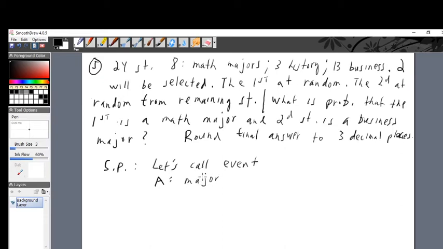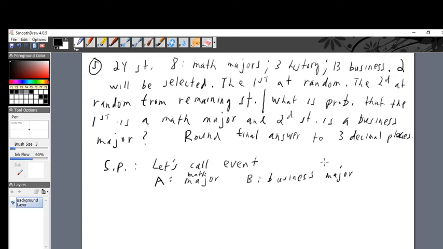I'll put math just right above it. And event B is the event that you select a business major. I'm not writing every single thing down. So let's recall event A that you select a math major, and event B that you select a business major. Right? People. We're talking about people.